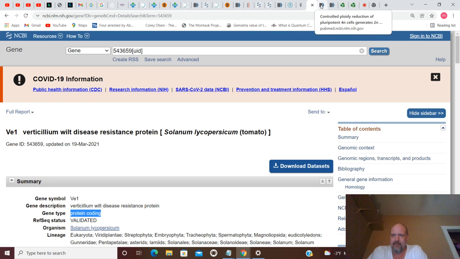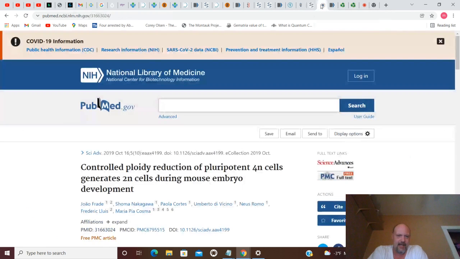And if you move on from that, you have 4N. Controlled ploidy reduction of pluripotent 4N cells generates 2N cells during mouse embryo development. So 4N deals with 4N cells. All right.